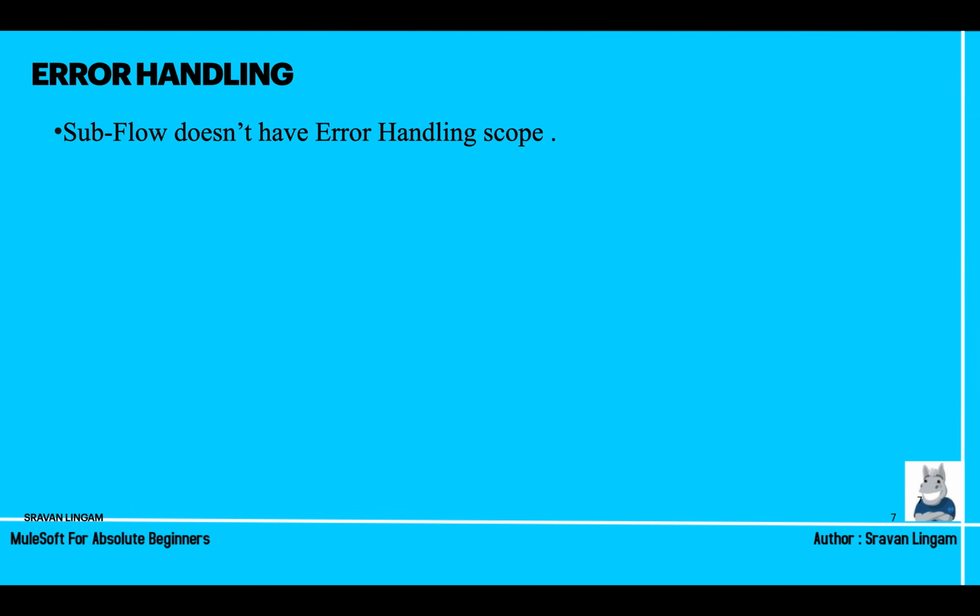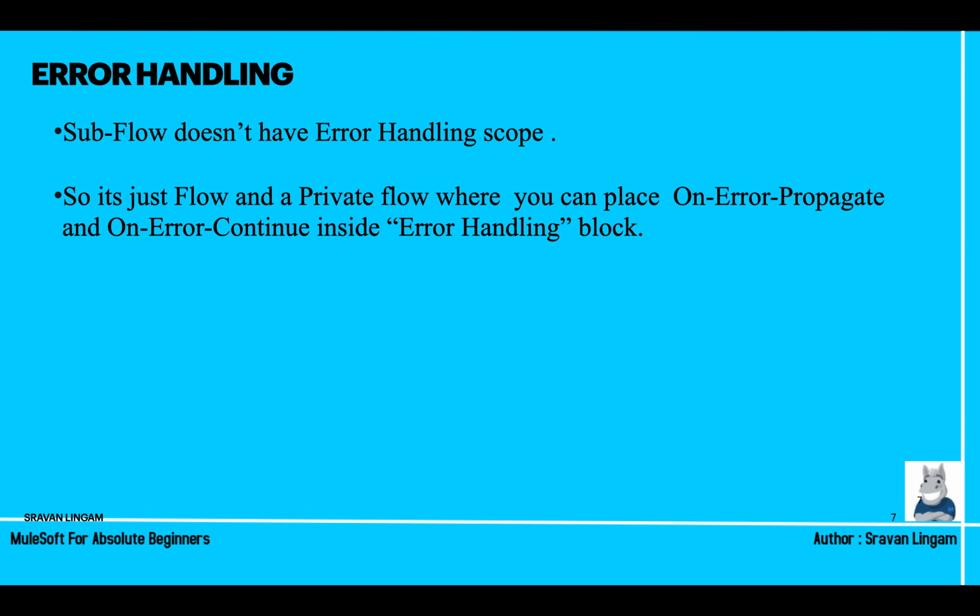Now, when we discussed the differences between flow, subflow and private flow, we came to know that a subflow doesn't have an error handling scope. So it is just the flow and private flow where you can place On Error Propagate and On Error Continue inside the error handling block, because a subflow cannot have error handling.